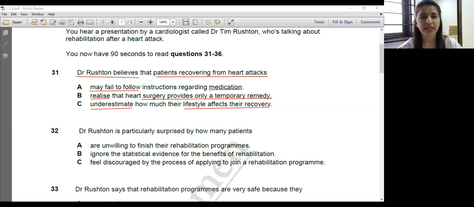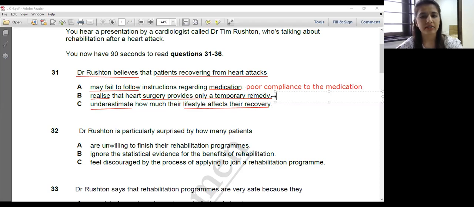If I try to simplify this, A would mean that they have poor compliance to the medication. This is what I do. I try to simplify. If I don't write it, that's fine, but I would try to make a mental note of simplification.